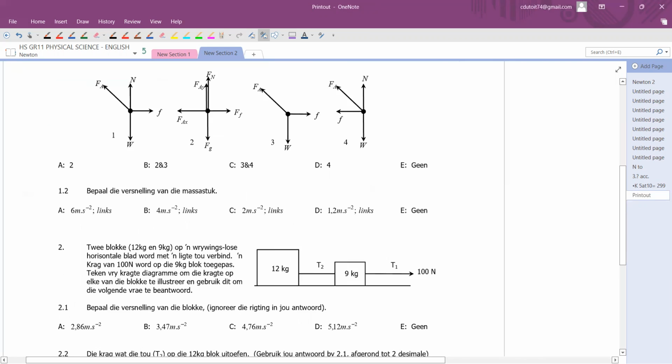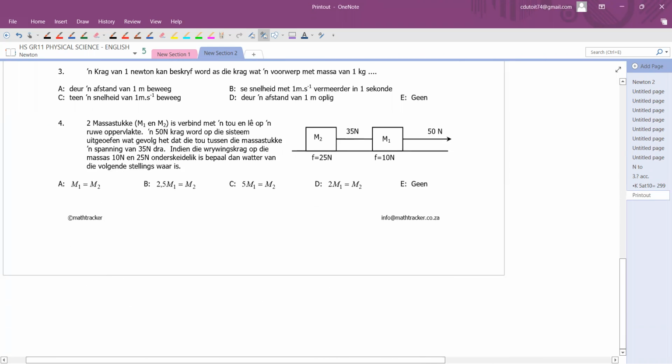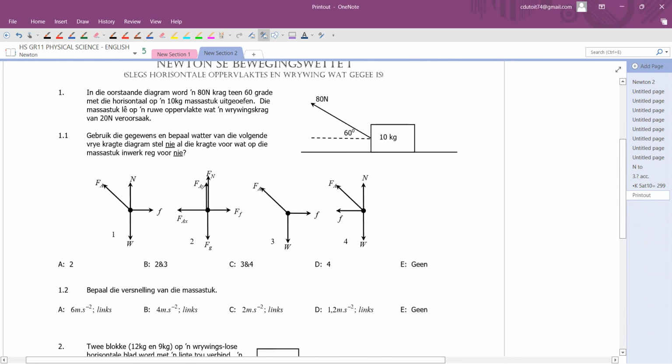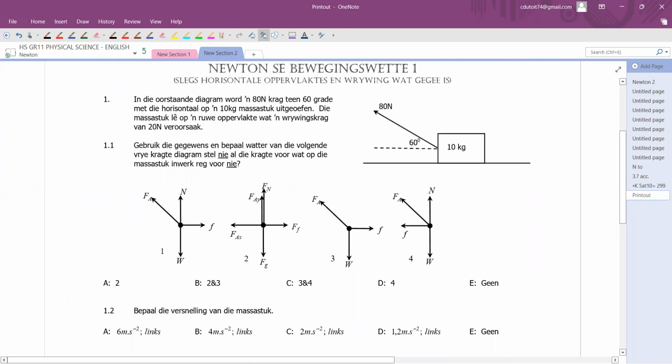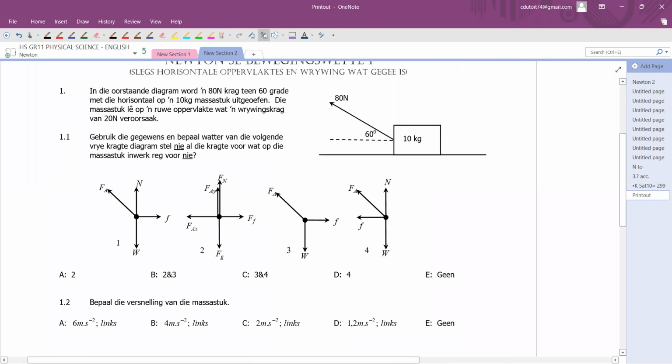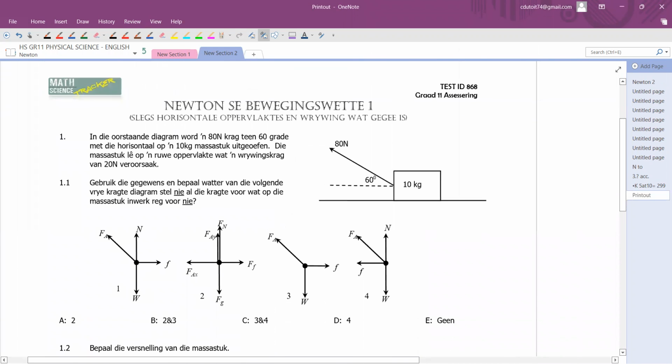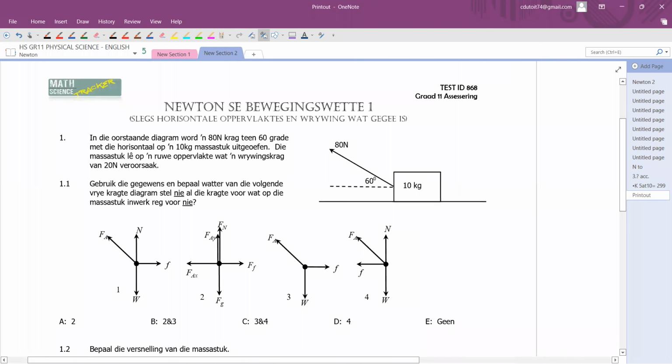Okay, this is Afrikaans. Okay, so look at this. This is homework. So what is important on the homework? There's an ID there, 686, 868, 868.